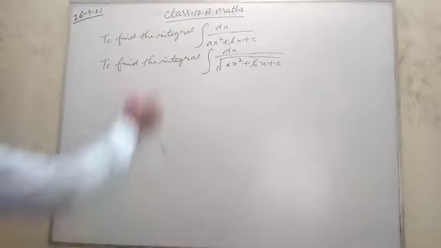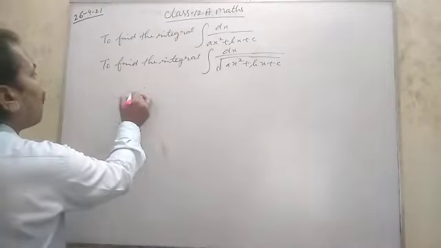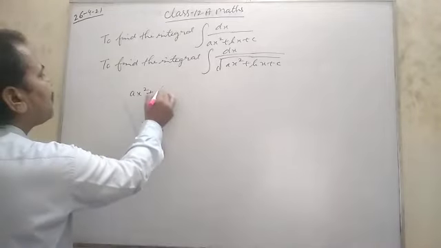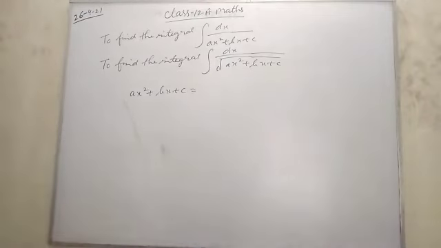So these types of integrals, in that, you look at what is given in their denominators. You convert it into square form. You convert it into a square minus b square or a square plus b square form.